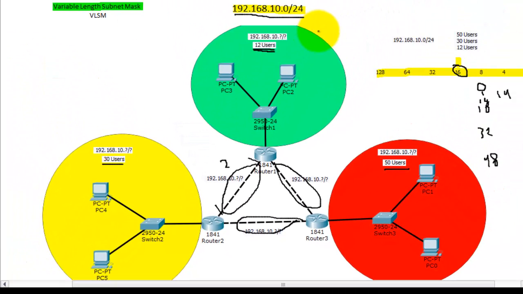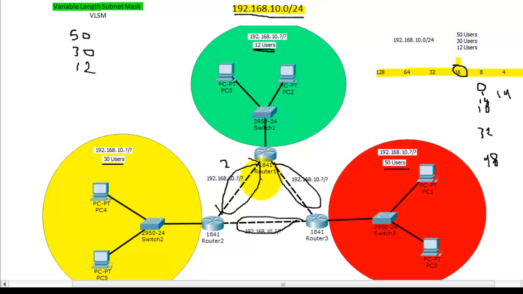So that's variable length subnet mask. Remember this: 12 users, 50 users, and 30 users. When you do VLSM, remember to start from the largest number of users. Our largest is 50, the second largest is 30, and the third largest is 12.